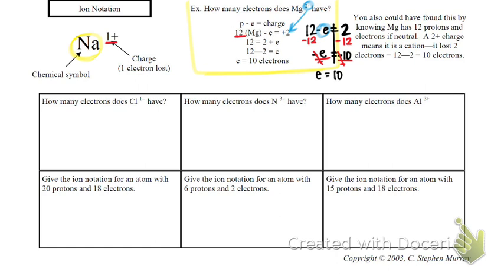First one says, how many electrons does chlorine -1 have? So first of all, how many protons does chlorine have? 17.